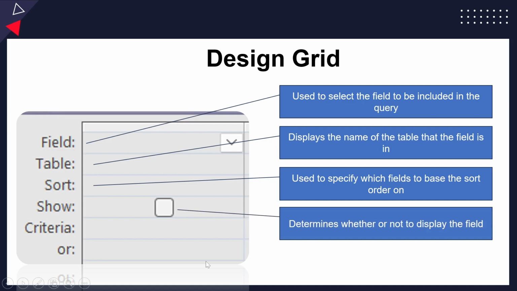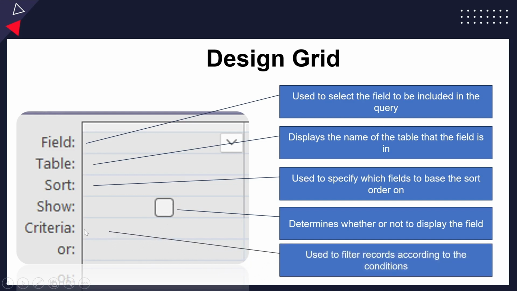Then Show allows us to display or hide a field. You'll observe that when we tick here, a field will appear in the results. And if we remove the tick, that field will not appear in the results. And finally, we have Criteria. We'll use Criteria here to provide the condition, the question with which we want to filter the records.